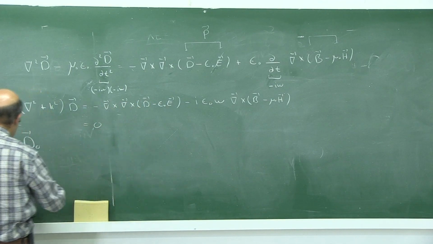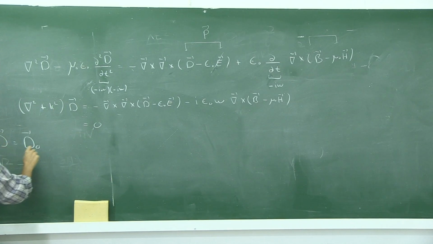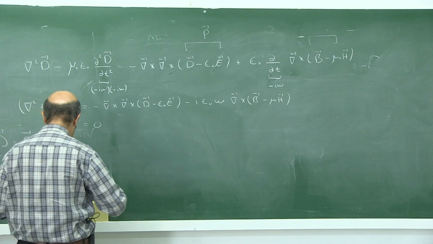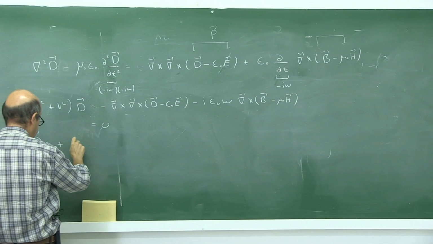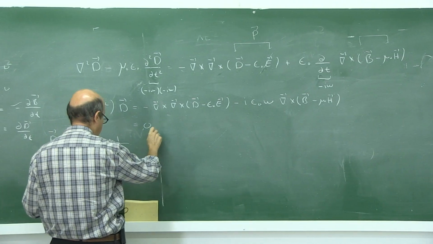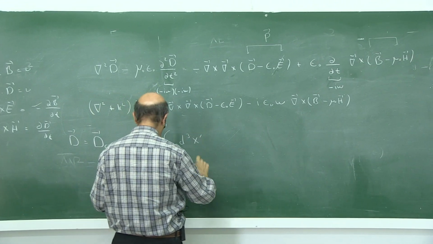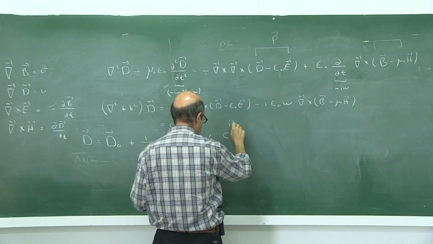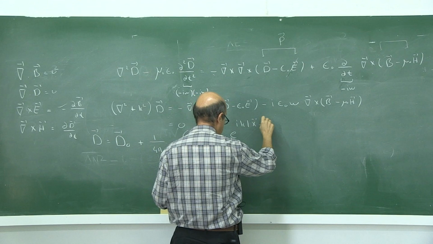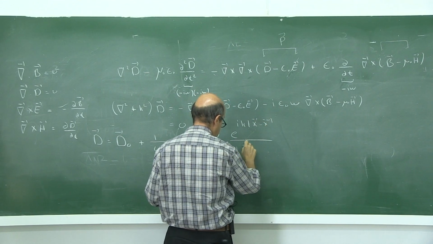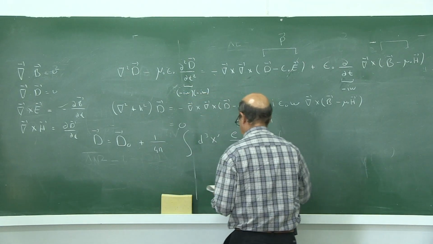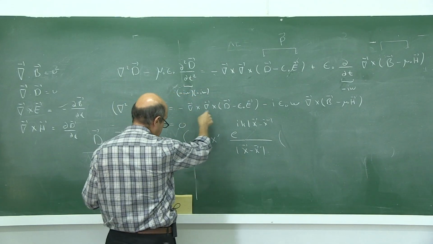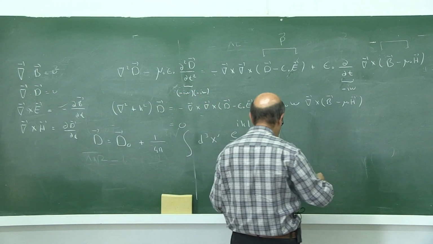But if there is a source, the full solution will be the sum of these. And the solution of this is the convolution of the source with the Green's function, integrated through the whole space. That will be 1 over 4 pi, integral d cube x prime, Green's function times the source. So the integral should be taken over the primed variable, therefore these operators should depend on the primes.